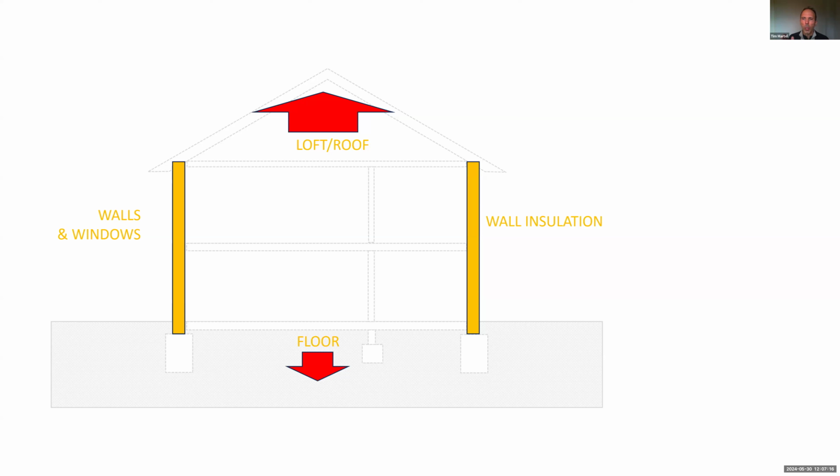It's fine to just do one bit at a time, and in fact our step-by-step approach does do that, but what I'm saying is it's better to have a whole design, a whole strategy first, so you know how much wall insulation to put in. Often when you're quoted for these things, the builder or specialist will know you're looking for other quotes at the same time, and so they'll consider putting the least amount of insulation on unless you specify, and you won't be able to specify because you generally haven't got a whole house plan.